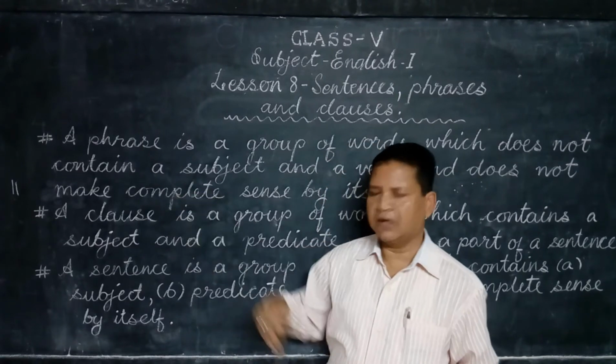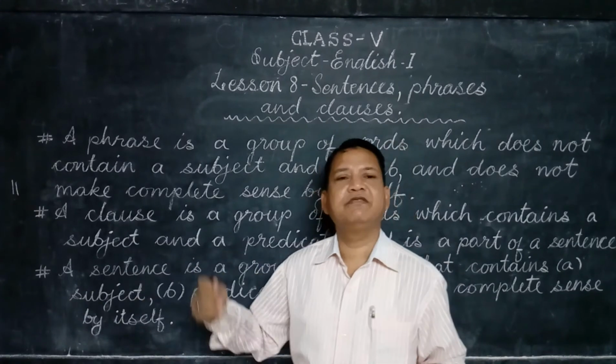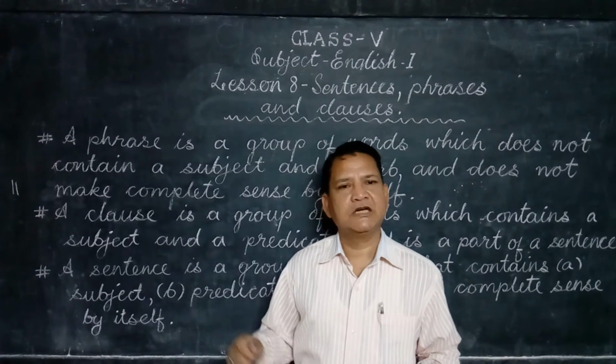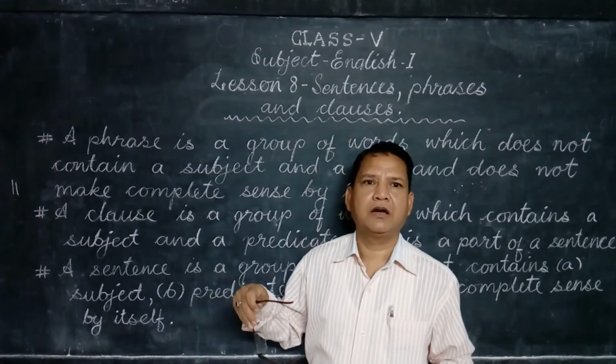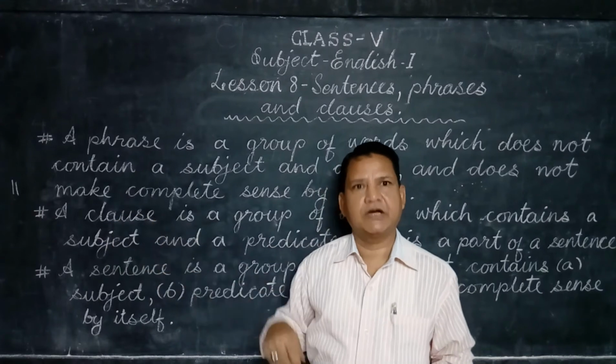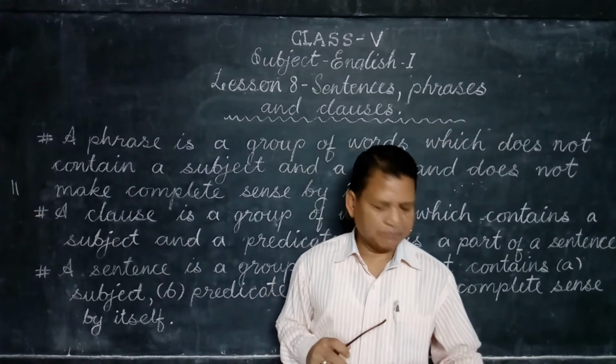Suppose I say come here. Definitely I am talking with someone. I am giving instruction to someone, but I have used the verb only. Come here. Who will come here? You. You come here. So you is the subject, come here is the predicate.